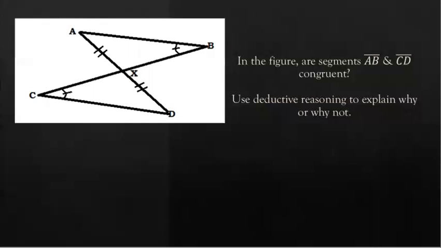In this figure, are the segments AB and CD congruent? So AB is the one up here, and CD is the one down here. Use deductive reasoning to explain why or why not. So we can see that AX and XD are marked as congruent, and we can see that angle B is marked as congruent to angle C. What else do we need to prove the triangles are congruent?